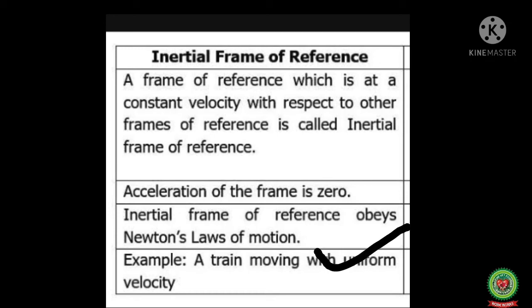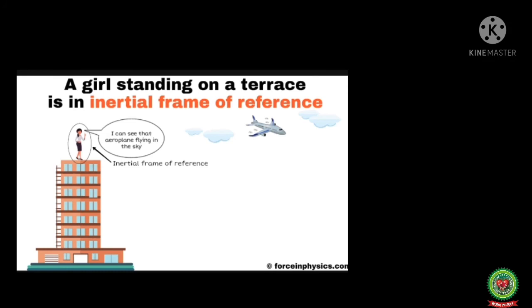Thus, Newton's law is valid in the reference frame. A girl standing on a terrace is in inertial frame of reference. A bus moving with a constant velocity is in inertial frame of reference.